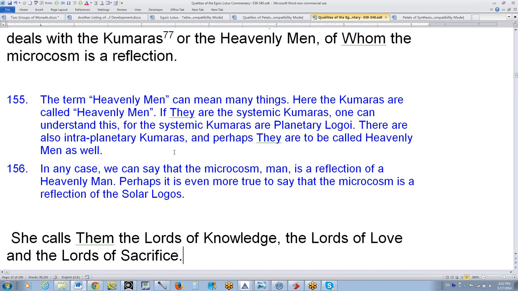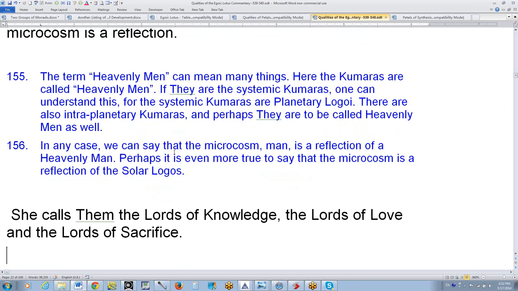Yes, indeed. There are also intraplanetary Kumaras, and perhaps they are to be called heavenly men as well, in a different sense. In any case, we can say that the microcosm man is a reflection of a heavenly man. Perhaps it is even more true to say that the microcosm is a reflection of the solar Logos.